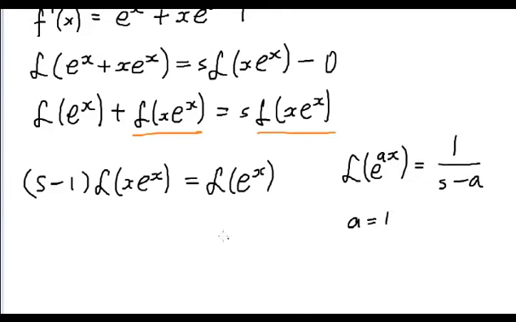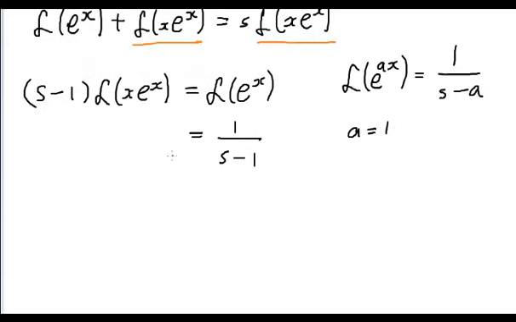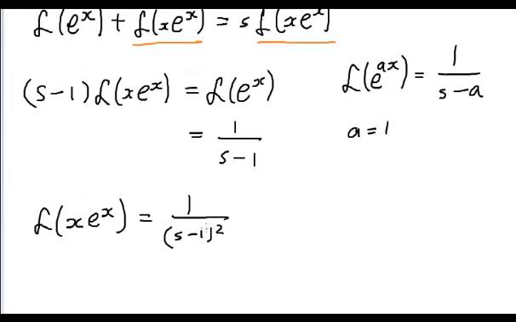Then we'll have that the Laplace transform of e to the x, with a equal to 1, is equal to 1 over s minus 1. Now, we can write down L of x times e to the x equals 1 over s minus 1 squared.